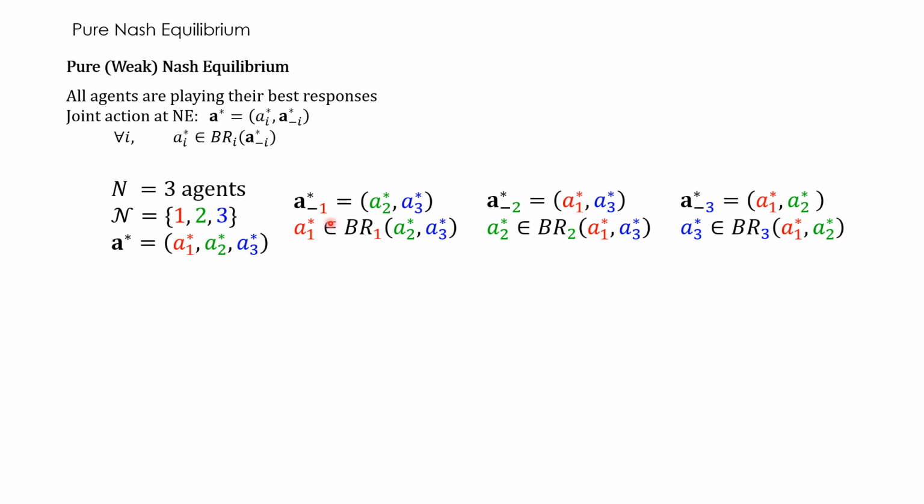And so a star negative 1 is a star 2, a star 3, and similarly for a star negative 2 and a star negative 3. And since each agent is playing its best response, we have a star 1 belongs to the best response of 1, and a star 2 is the best response of 2, and likewise for agent 3. All agents are playing their best responses.